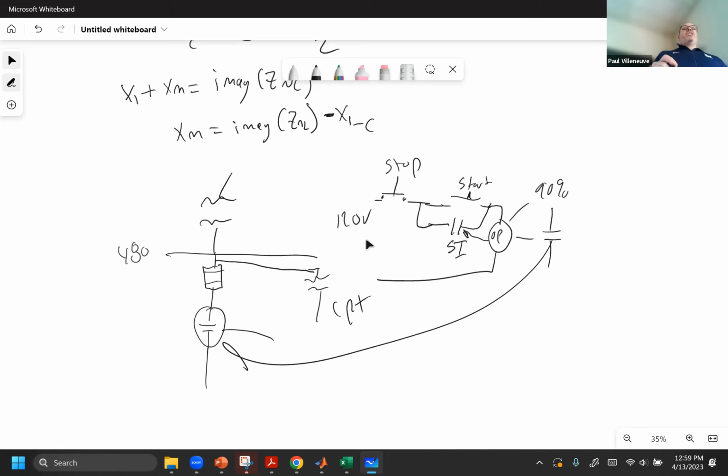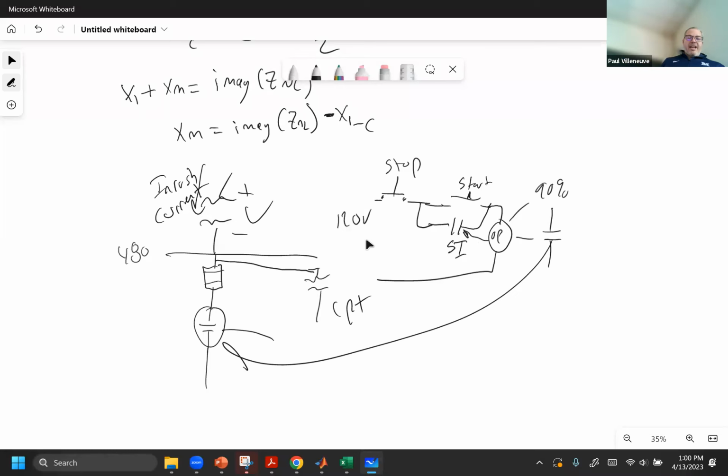When I'm pulling 6 or 7 times the full load current, the voltage drop across here can be extremely high, to the point where this contactor actually drops out. So you hit this push button start, and you let it go, and then all of a sudden the motor doesn't want to run, because you've got too much voltage drop across it. And how do you figure that out? It's based on this inrush or starting current.